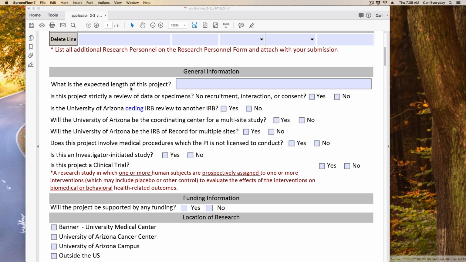And yes, there are separate documents that you use to close your project at the IRB, and actually you have to send in yearly update documents and documents to close your project.